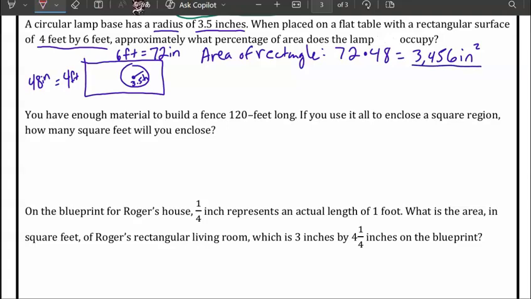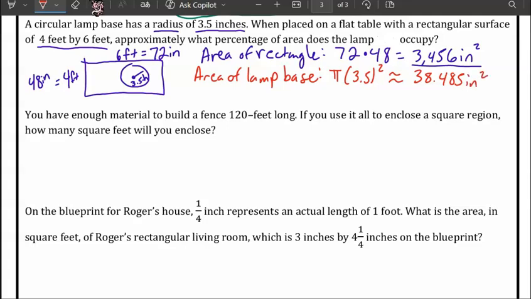And let's find the area of the lamp. It's pi r squared, pi times 3.5 squared. And that's going to be approximately 38.485 inches squared.